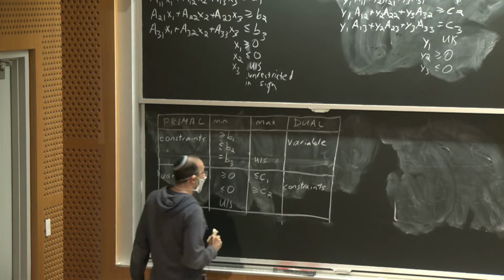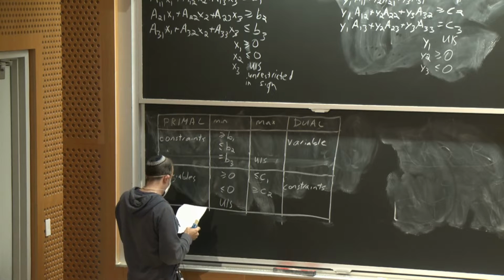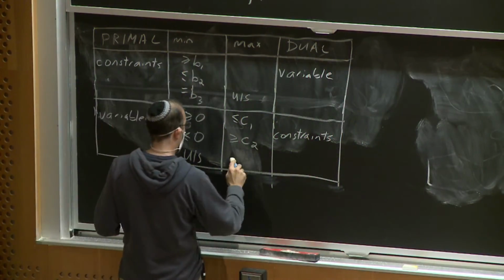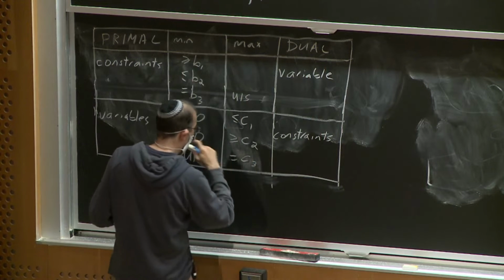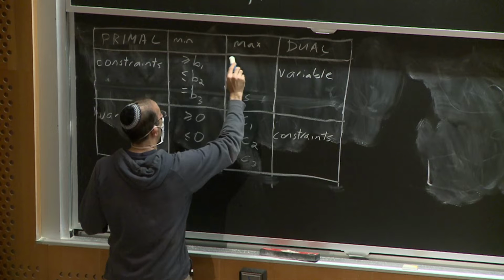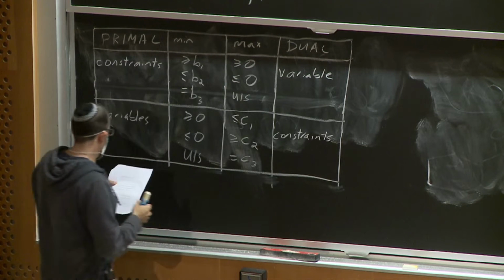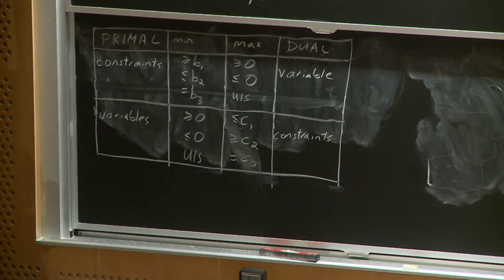We get lower bound constraints corresponding to, whoops, did I get that backwards? Yes, sorry. No, that's right. Lower bound constraints corresponding to non-positive variables, and unrestricted variables corresponding to equality constraints. And similarly in the other direction. Okay, so this is the complete cookbook for taking a dual.